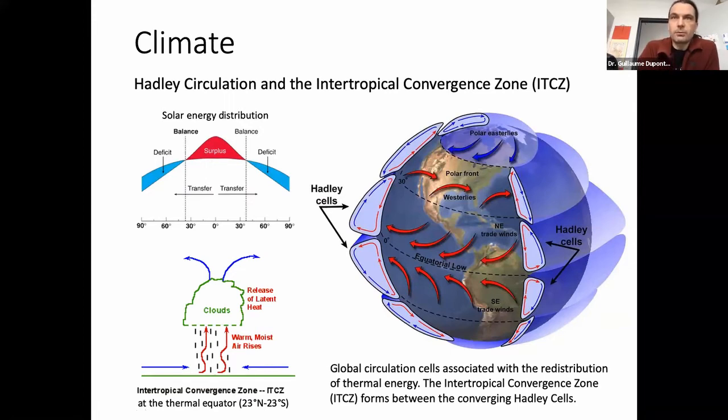And because of this transfer of heat, we drive circulation cells. What causes winds? Wind is an air movement from high to low pressure, and high pressure is caused by heating.